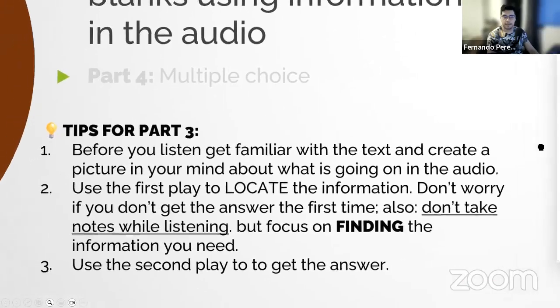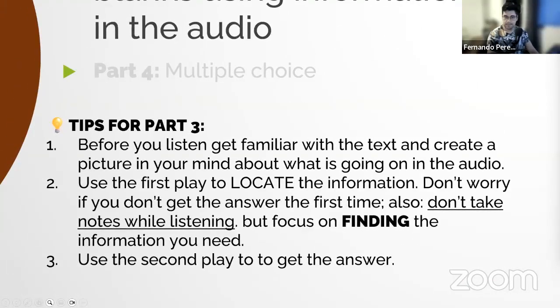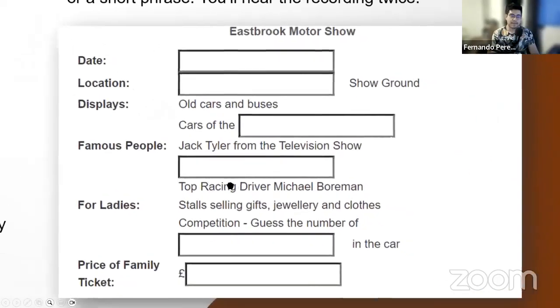Now, these are my tips for you. Before you listen, get familiar with the text and create a picture in your mind about what's going on in the audio. So let's first read the options.